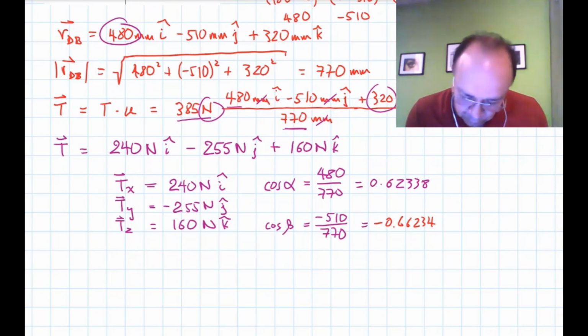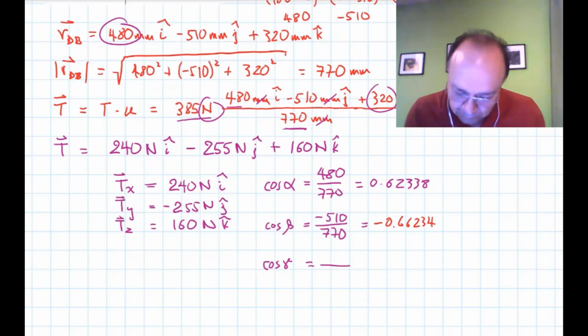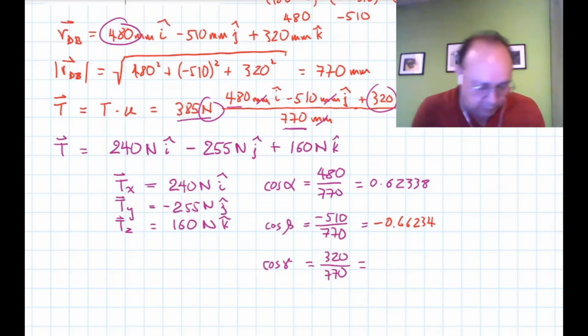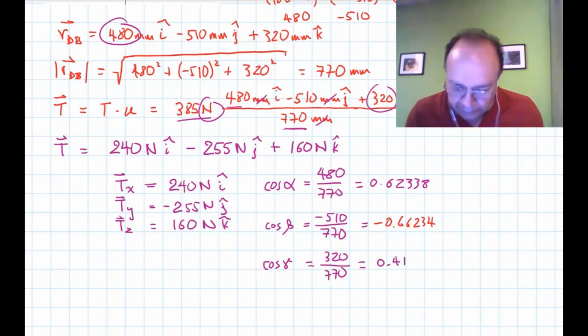And cosine of gamma equals 320 divided by 770, which equals 0.41558.